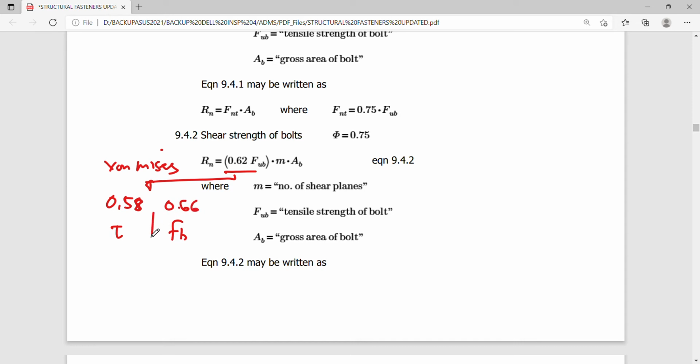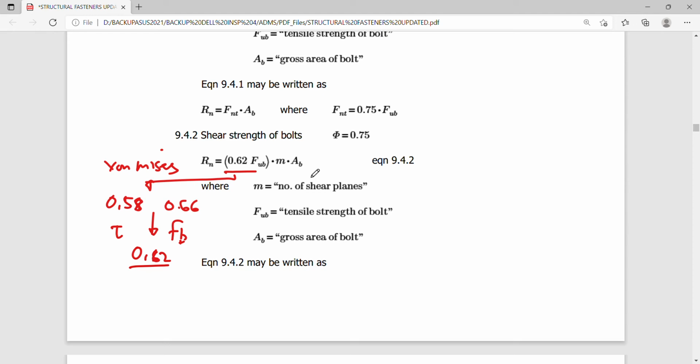So in between 0.66 is around 0.62. So we are midway between the value of the von Mises shear criterion and the allowable bending coefficient of steel material, which is 0.66 of your FU. Okay, so we have here a 0.62 FUB as the basis of your shear strength.